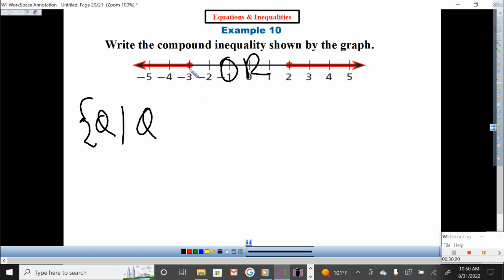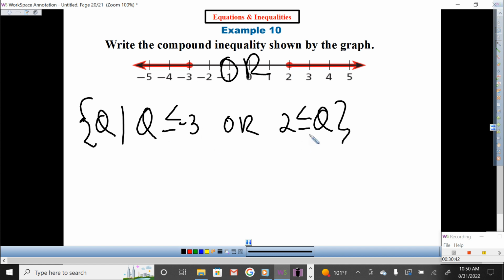What's the dividing point? -3. Then or, then 2, then Q, arrows to the left. Do we have any solid points? Yeah, both of them. This one and that one.